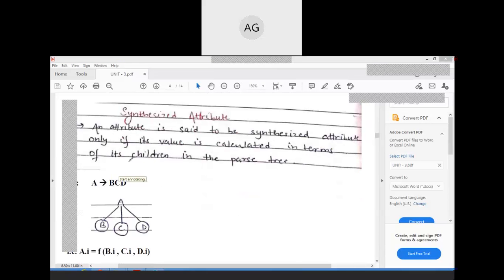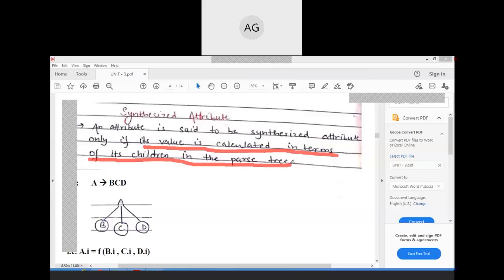So first are the synthesized attributes. An attribute is said to be a synthesized attribute only if its value is calculated in terms of its children in the parse tree. It is the definition.